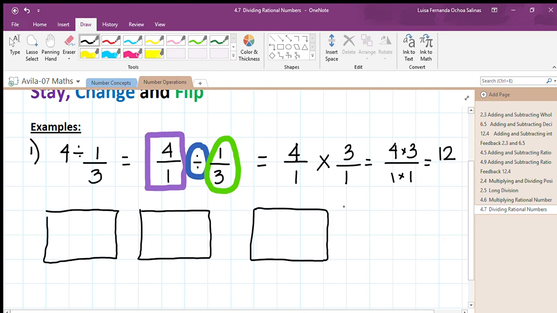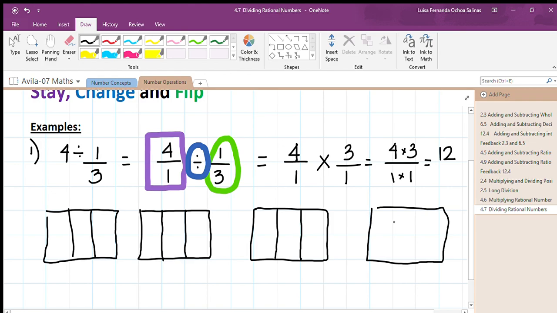And I have to divide each cake into 3 pieces: 1, 2, 3, 1, 2, 3, 1, 2, 3, 1, 2, 3. Now the question is, how many pieces do I have in total when I have 4 cakes divided into 3 pieces, or into 1/3? I have 1, 2, 3, 4, 5, 6, 7, 8, 9, 10, 11, and 12 pieces. That's my answer. Let's do another example.